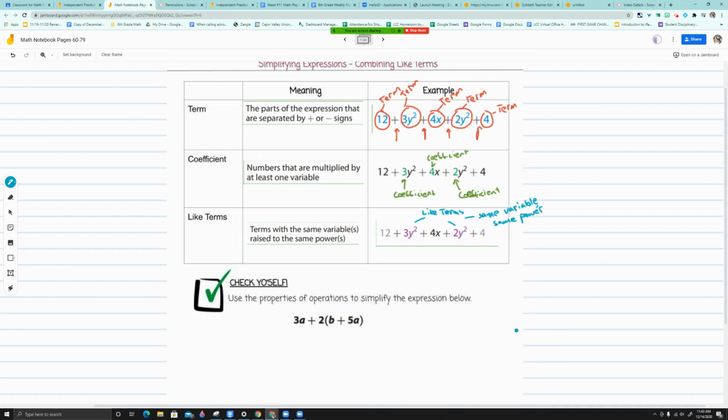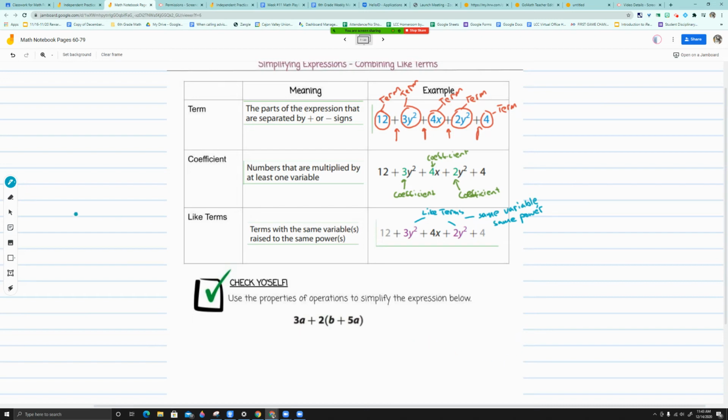I'm going to give everyone about 10, 15 more seconds to write down the notes that we have for the vocabulary. Remember, these notes are available for you guys to watch, rewind the videos, play the video again, pause the video, go back and watch it again, go back and look at the notes that are completed in Google Classroom. Keep that in mind. And let's take a look at the check yourself.